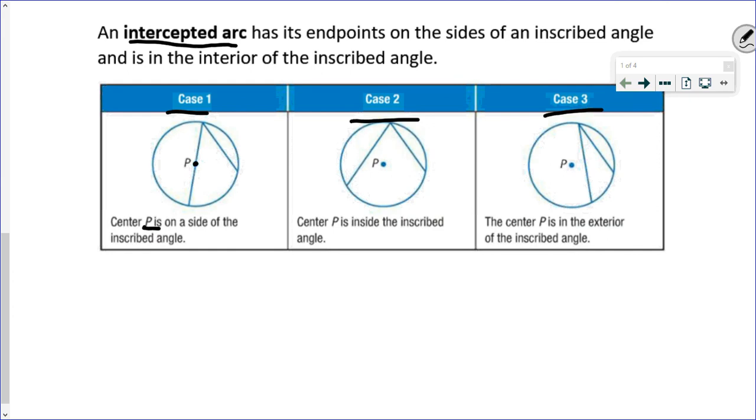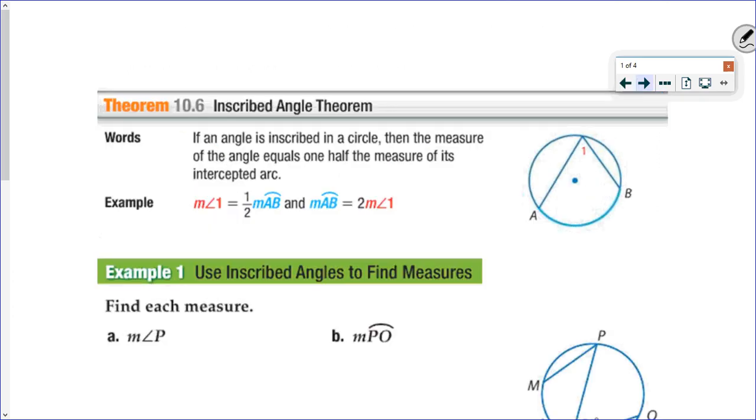So let's go on to theorem 10.6 here. Theorem 10.6 states, if an angle is inscribed in a circle, then the measure of the angle equals 1/2 the measure of its intercepted arc.